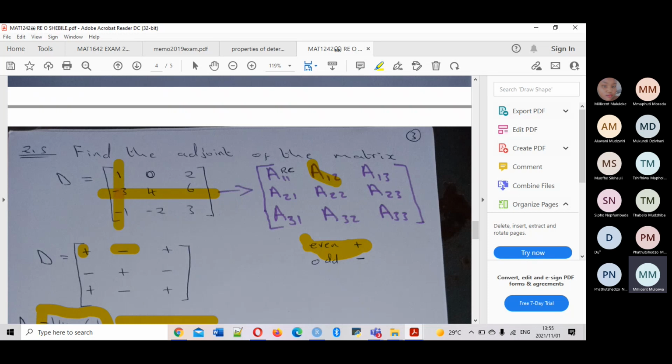So now we have 0, 2, -2, and 3. What is next? The next part is that we move the vertical to find A22, and we move the vertical again to find A32. Are you fine with that?